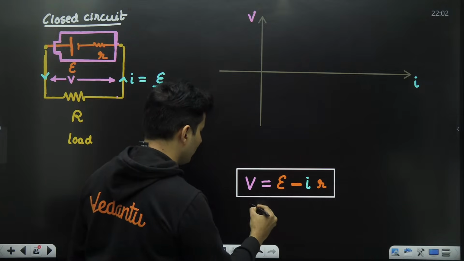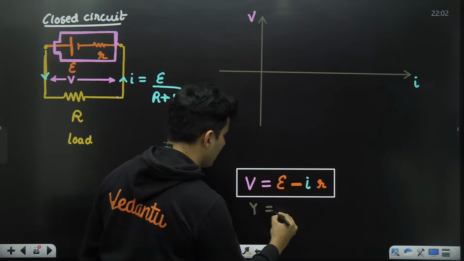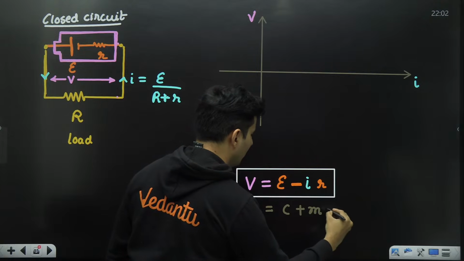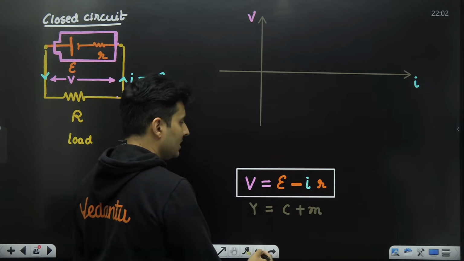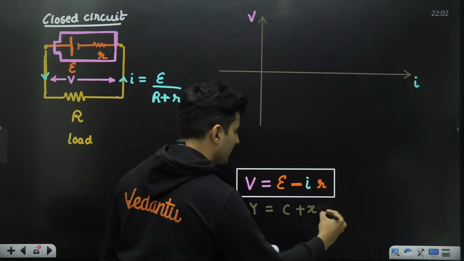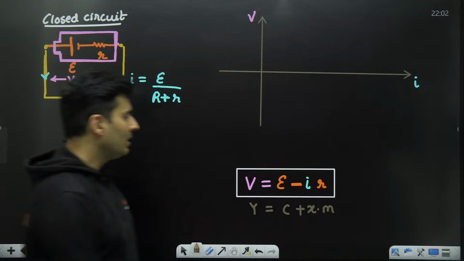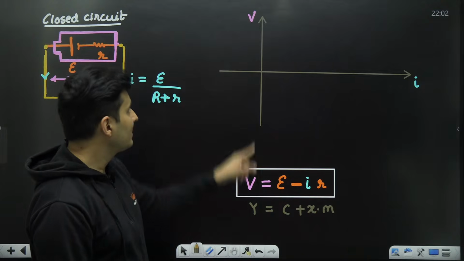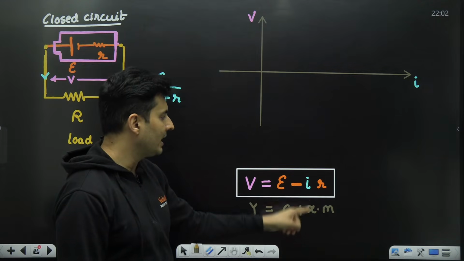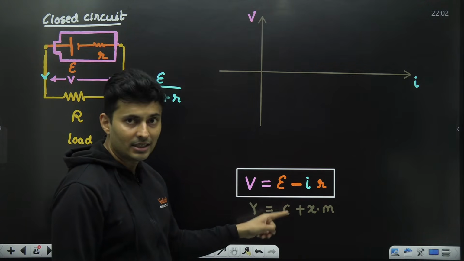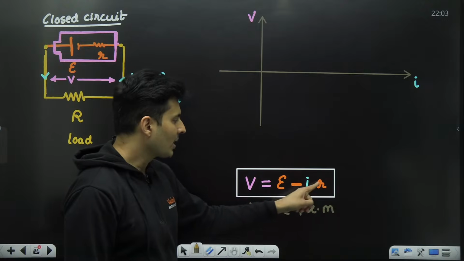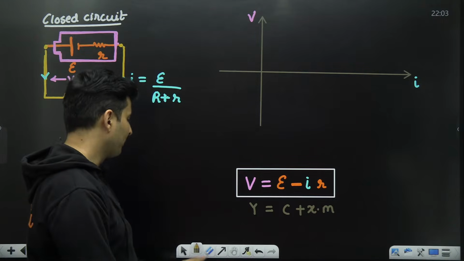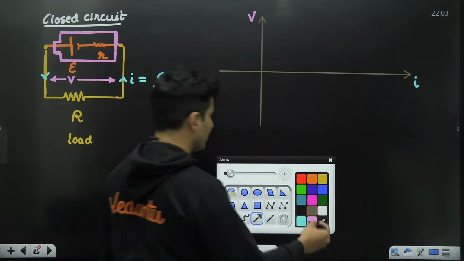Compare this equation with Y is equal to C plus M into X. Immediately you will be able to understand what is happening over here. Y is like voltage, current is like X, constant is like EMF, and minus r is like the slope, the M. So it will be definitely a straight line.